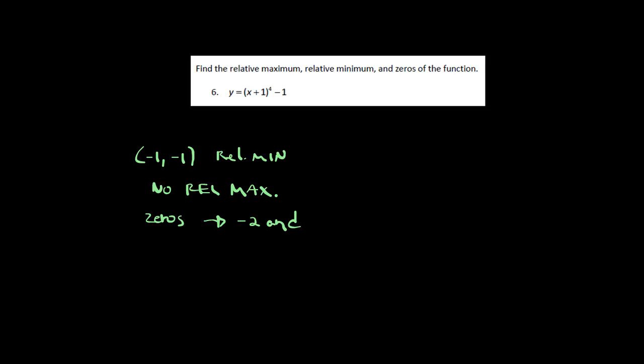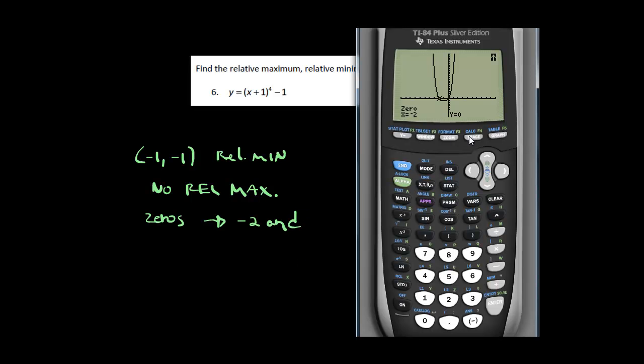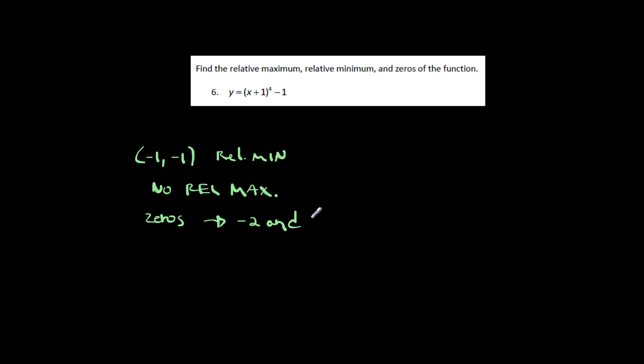And the other 0, second trace 2, just before it, just after it, and then enter again. Whenever you have e to the negative whatever, that means it's 0. So 0, 0 is your other 0, so just 0.